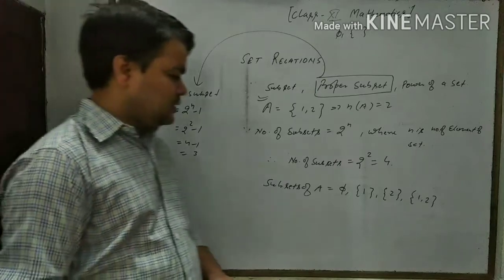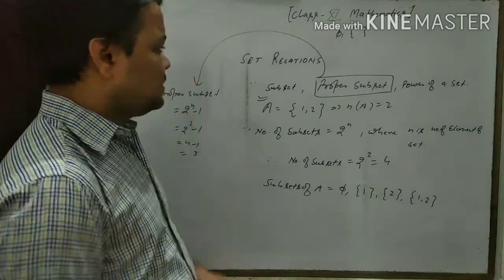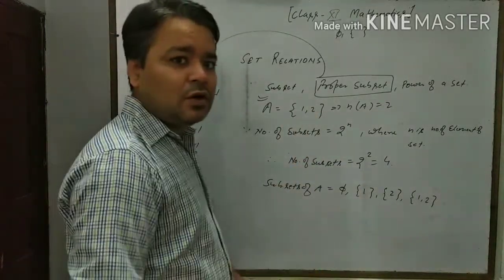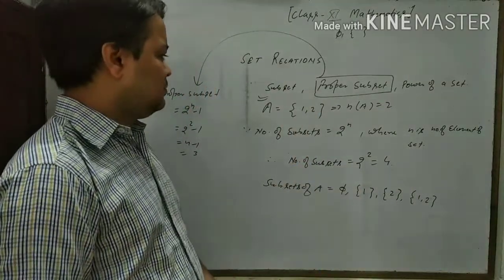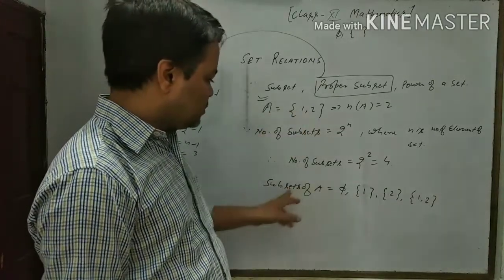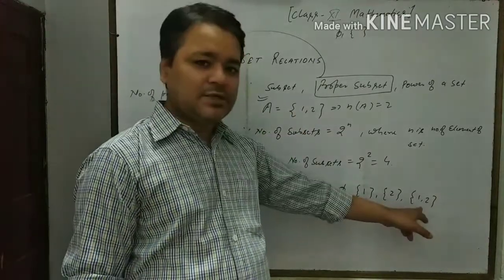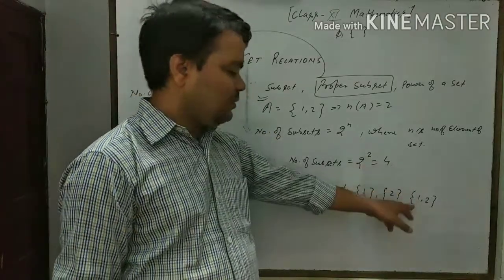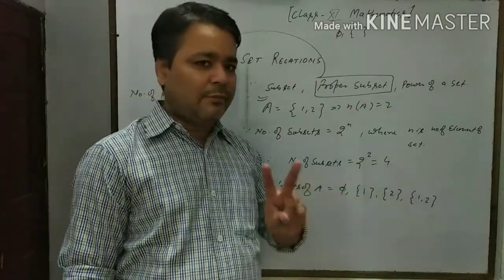Remember, what is the difference between proper subset and subset? The set itself is also a subset of the set. Here the set A is also a subset. Two things to remember.